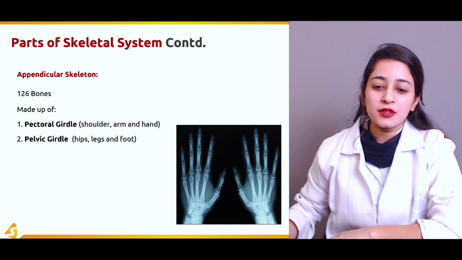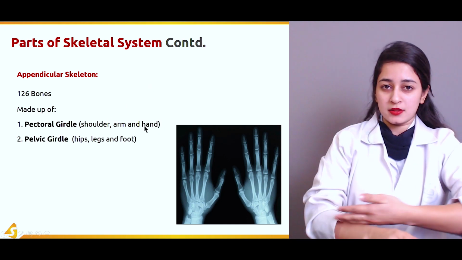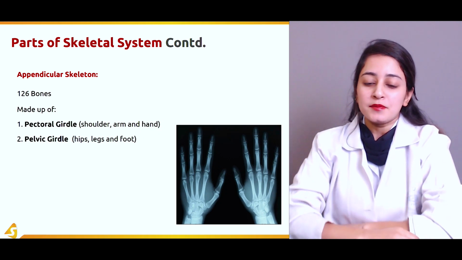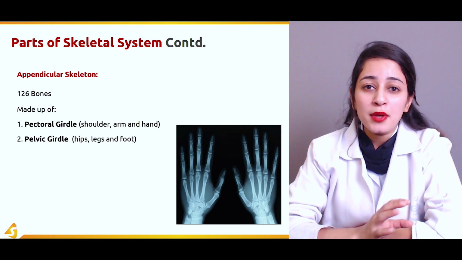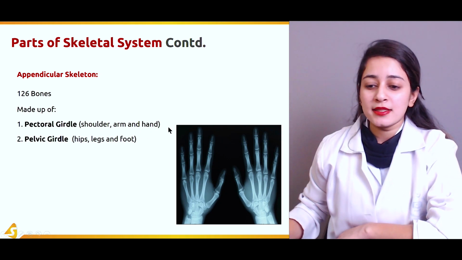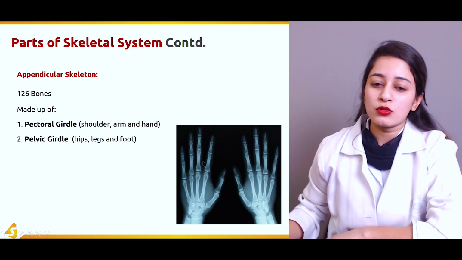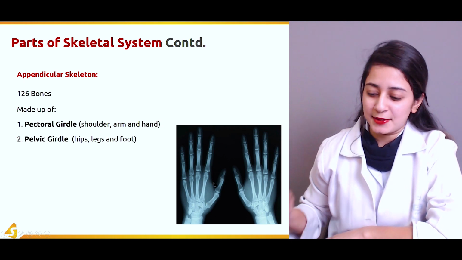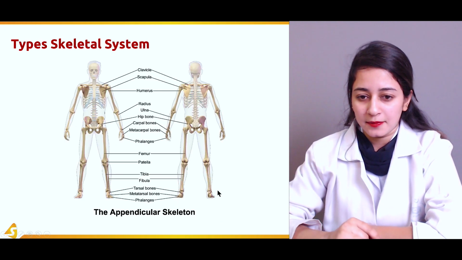The pectoral girdle includes your shoulder and your arm or hand. Then we have the pelvic girdle, which includes the hips, legs, and feet. I'm just showing you the x-ray of the hands, so it's also included in the appendicular skeleton. So that's done. Okay.